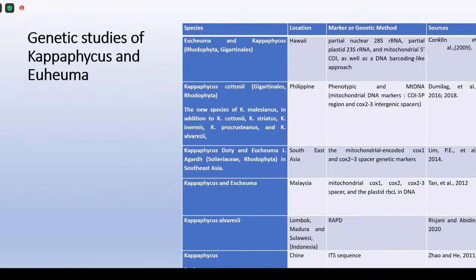From Southeast Asia, this is also with COX1 and COX2 spatial genetic markers, and from Malaysia with mitochondrial COX1, COX2, and others. For our study, we use three locations, and for the sign, it has been used with ITS sequence.